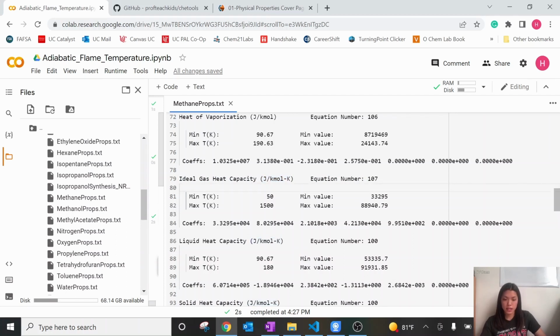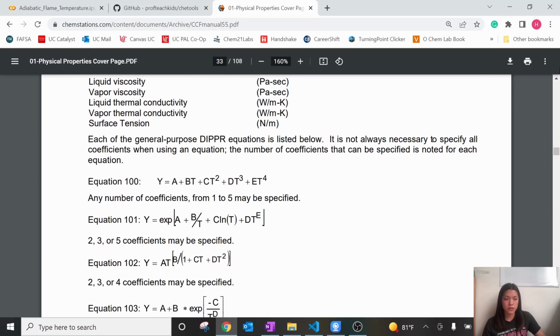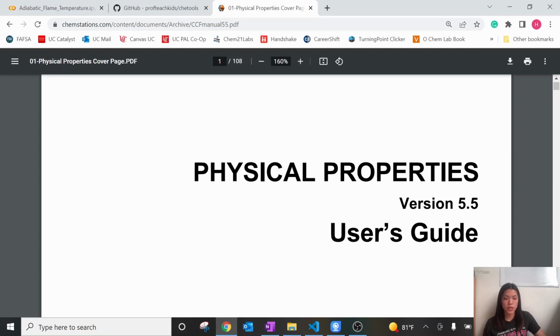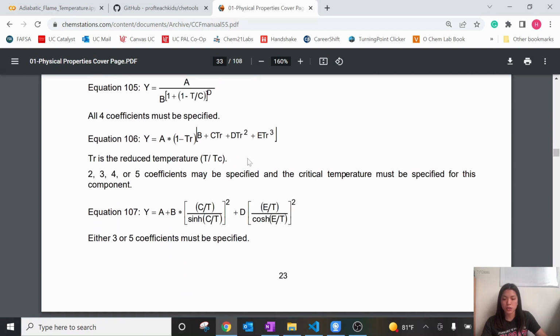This gives us the heat capacity of methane, but it also tells us the equation in which we can find it in ChemCAD. If we go over here to ChemCAD, this is the physical properties user's guide for ChemCAD equations. If we scroll through and look for equation 107, this is the equation that is used to find the heat capacity of an ideal gas.